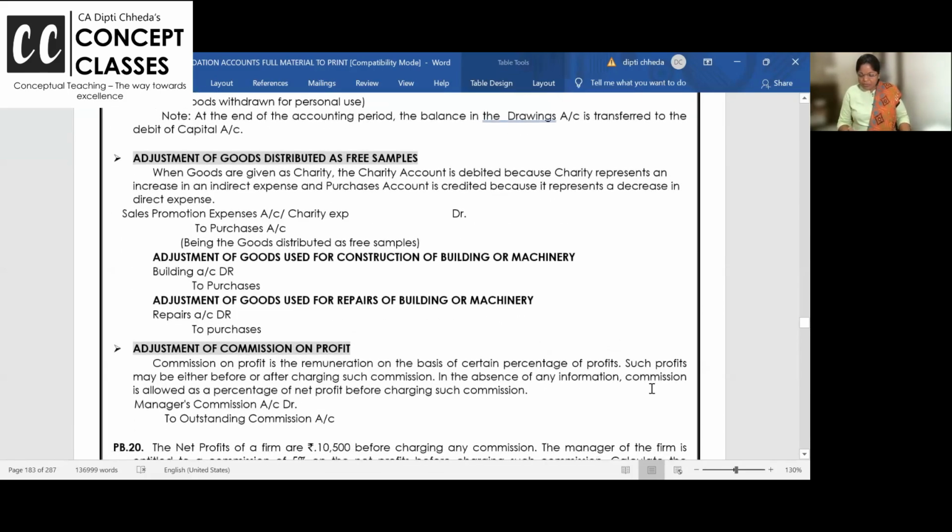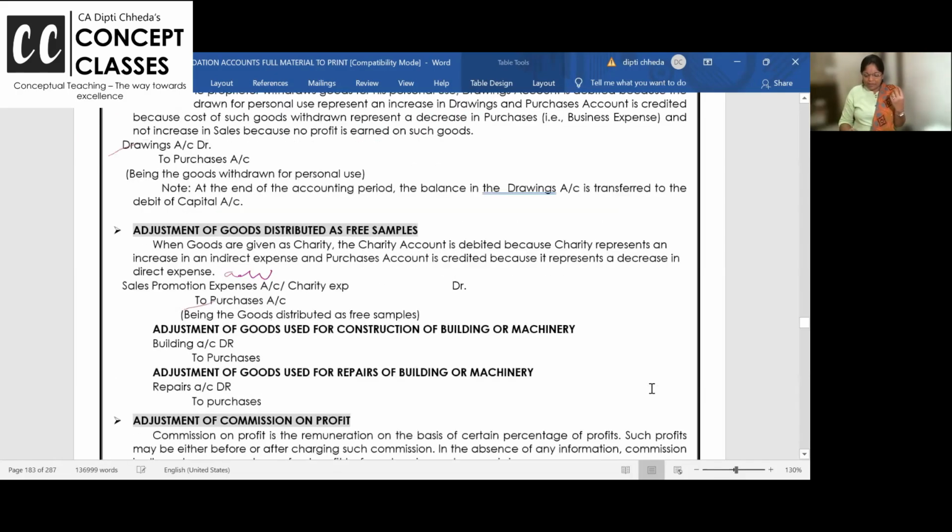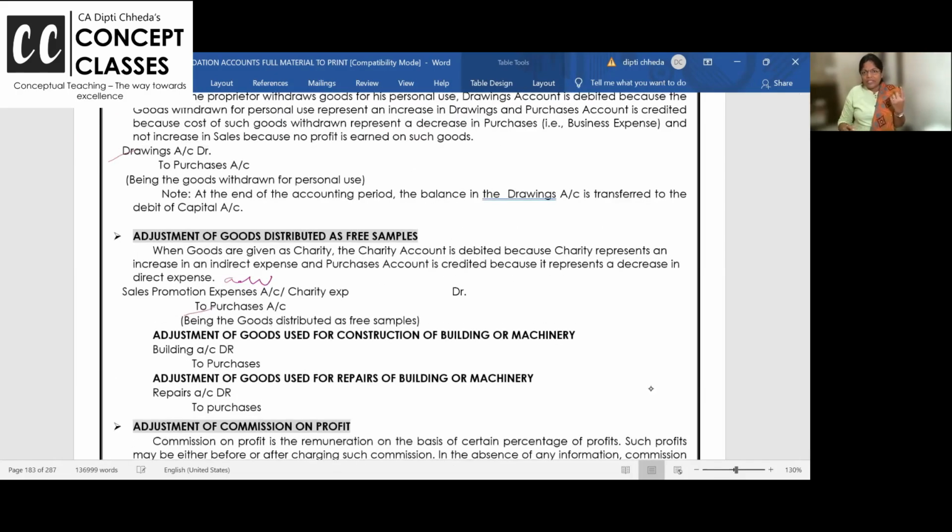When goods are distributed as free samples, credit the purchase, debit advertisement, as sales promotion or advertisement. And sometimes if you are donating, then charity. Some of your purchased goods you are going to donate on Diwali to an orphanage. So purchase will reduce, donation debit. Purchase will reduce, drawings will debit if proprietor has taken it home.